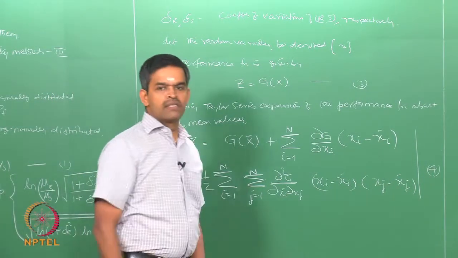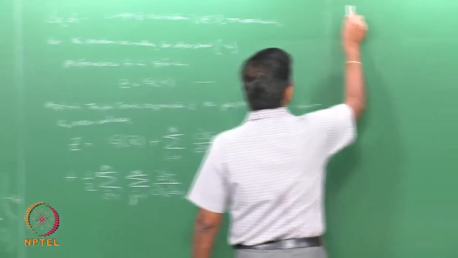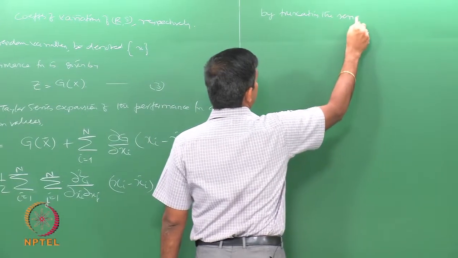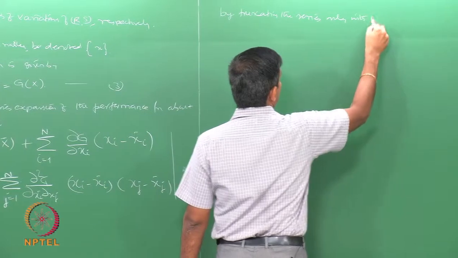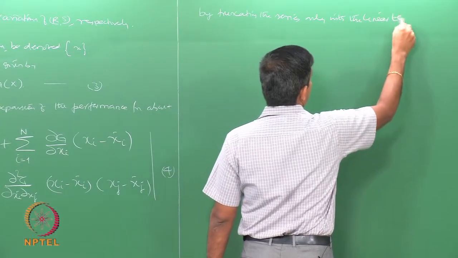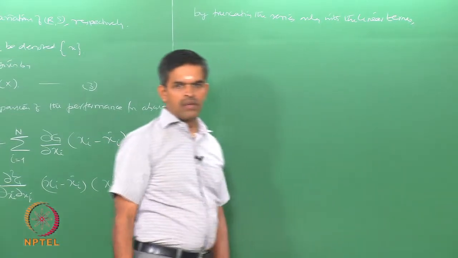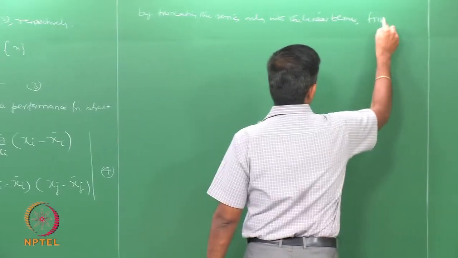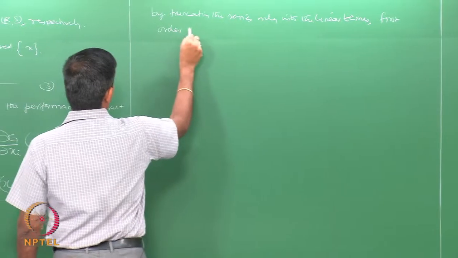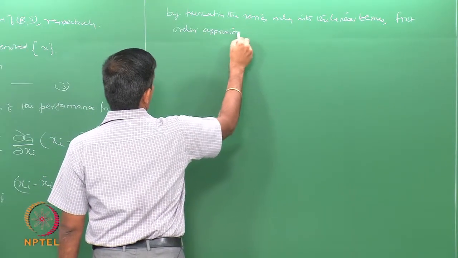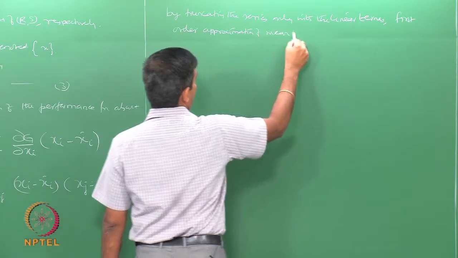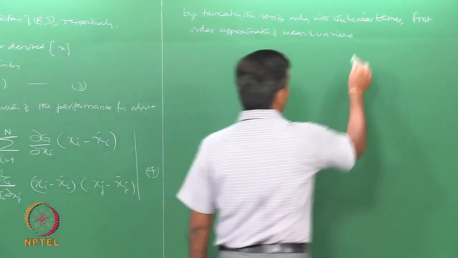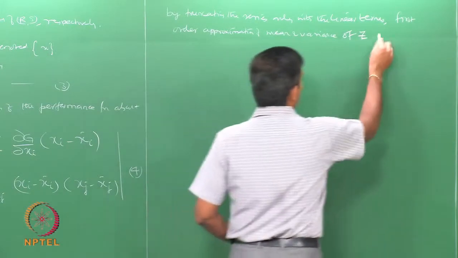Now, truncating the series with only the linear terms, the first order approximation of the mean and variance of Z can be obtained.